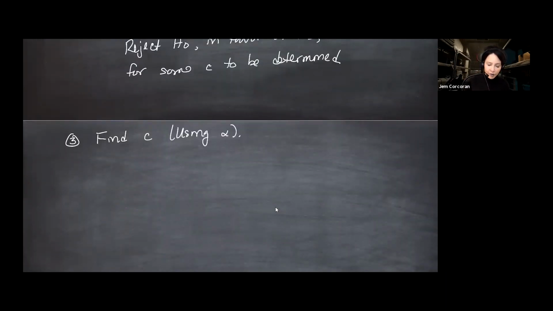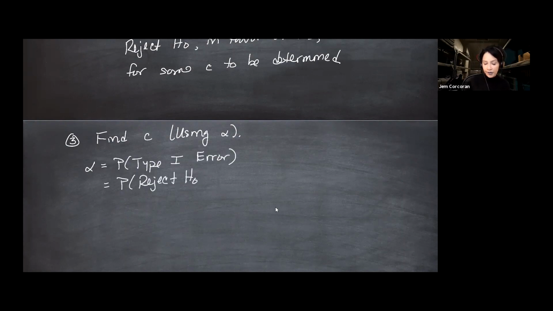But given what we know so far, alpha is the probability of a type 1 error. This is the probability you reject the null hypothesis when you shouldn't because it's true. For us, rejection means that X bar is greater than some c, and when it's true means that mu is less than or equal to 3.